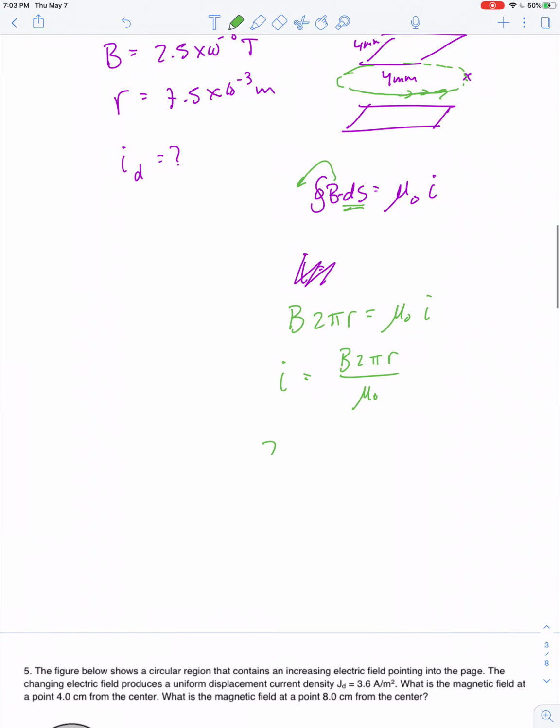So we have 2.5 times 10 to the negative 8th times 2 times pi times 7.5 times 10 to the negative third, all divided by 4 pi times 10 to the negative 7th. We can cancel out the pi. Grab a calculator. Let's see what we get.